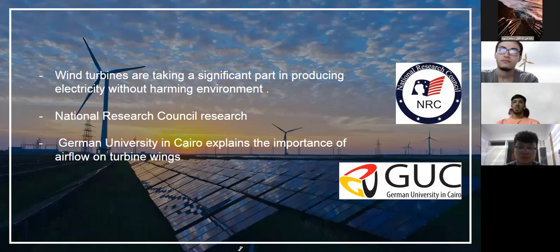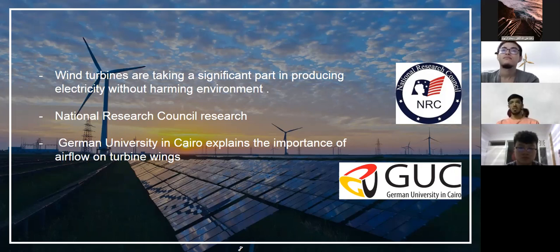However, wind power is regarded as a safe domestic energy resource based on a variety of research, like what the National Research Council has done in Washington, D.C. Their research was talking about the wind and the wind turbine, but not much about the airflow.